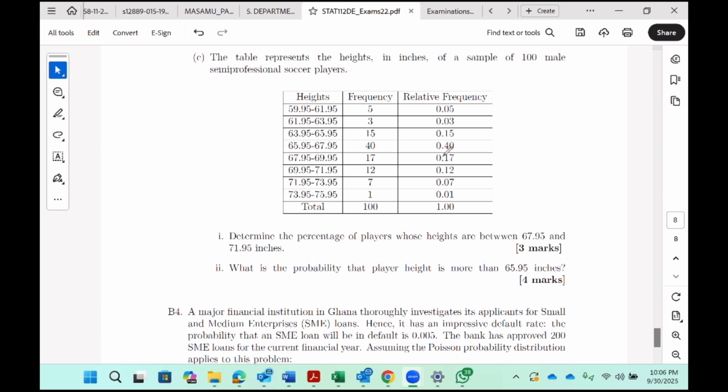So what do I do? I add these two relative frequencies. That will give you this probability. So if you add 0.17 plus 0.12, it will give me the probability for the first one.